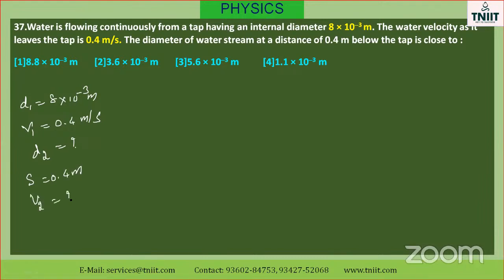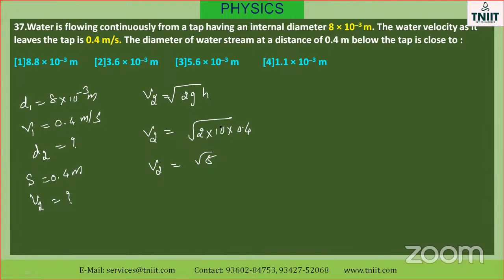After traveling that distance, first find the velocity. The velocity will be given by root of 2gh. 2 into g, which is 10, into the height traveled, 0.4. So v2 will be root 8. This is the velocity after traveling that distance.